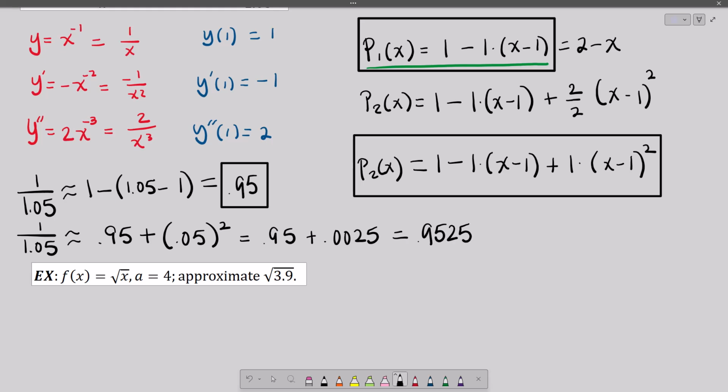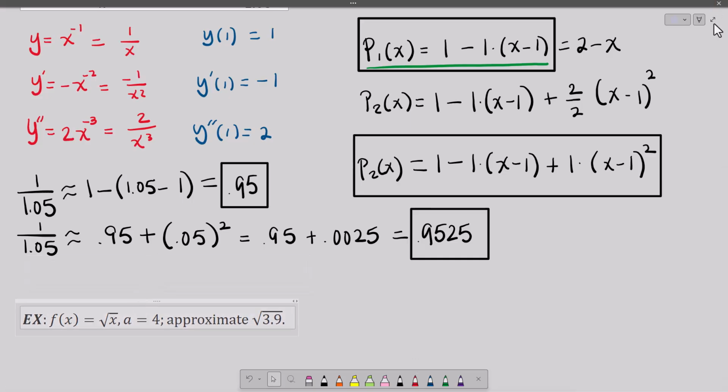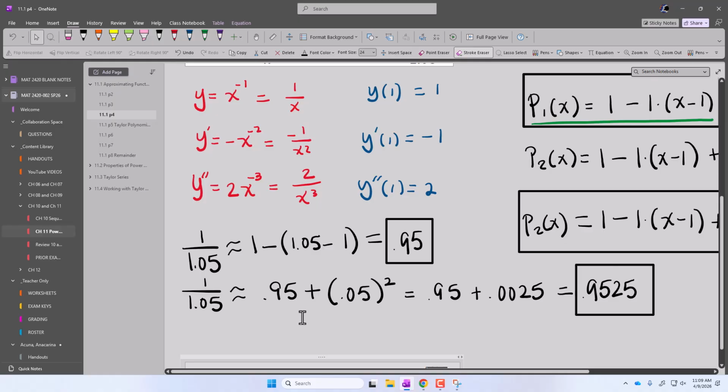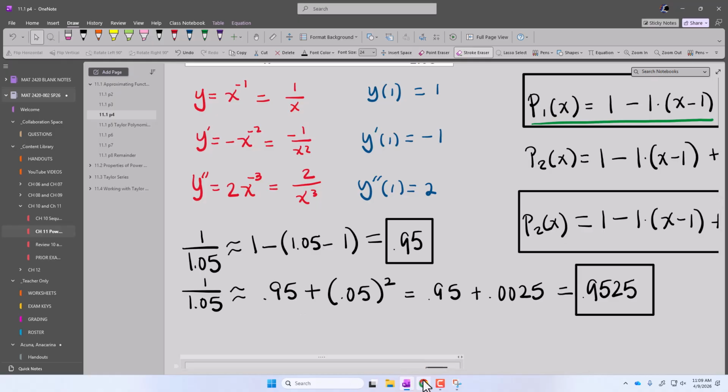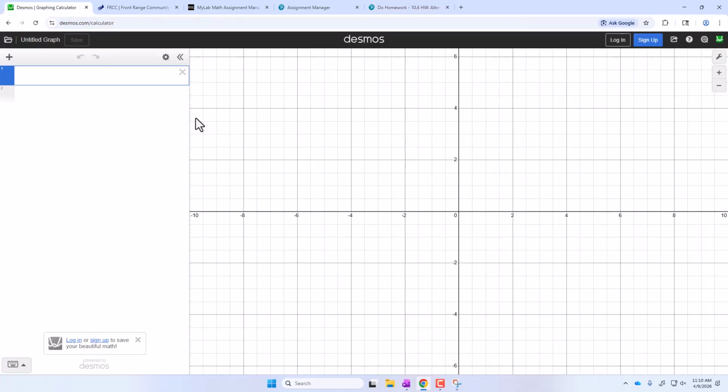So this is our best quadratic approximation. So what we can do is, because all these problems in the beginning are going to be very cooked up, we can actually see, we know how to find 1 divided by 1.05. We know how to do that. So we have 1 divided by 1.05.